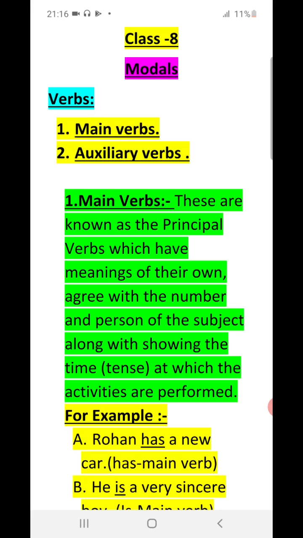And person, first person, suppose I, we, second person, you, third person, they, he, she, of the subject.